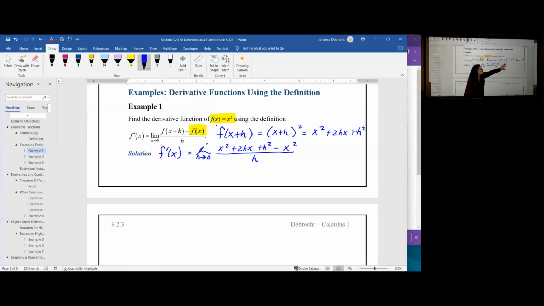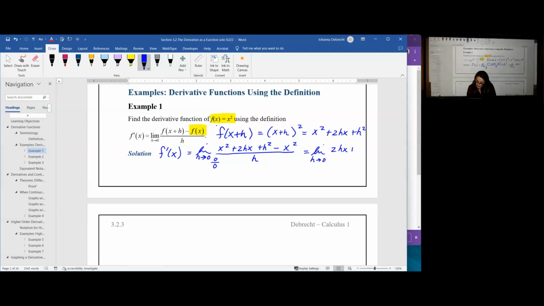However, x squared minus x squared will cancel, and the h's will cause 0 over 0, which is that indeterminate form. I know I've got to clean it up a little bit and maybe apply some algebra in order to be able to find the limit.